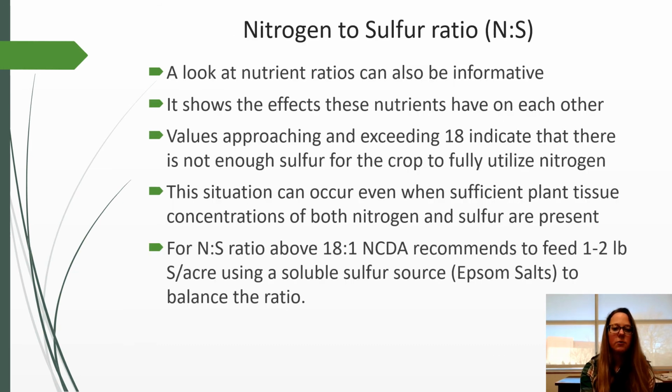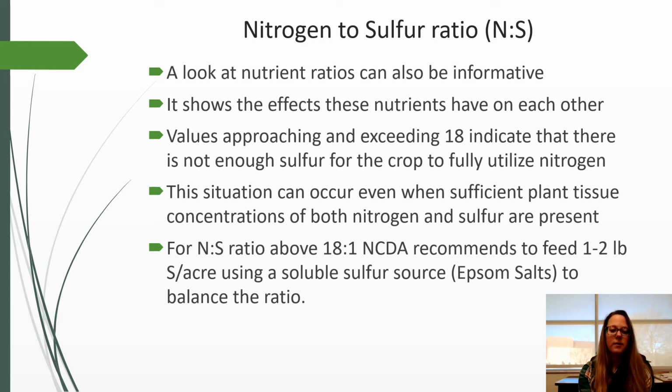Now we will switch gears and talk about the nitrogen to sulfur ratio. In addition to the nutrient levels in the leaf and petiole, an important part of fertility management in the strawberry is monitoring the nitrogen to sulfur ratio. Strawberries are sensitive to the nitrogen to sulfur ratio relative to other crops.